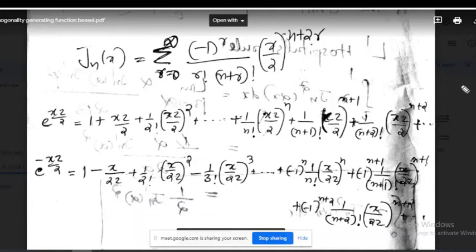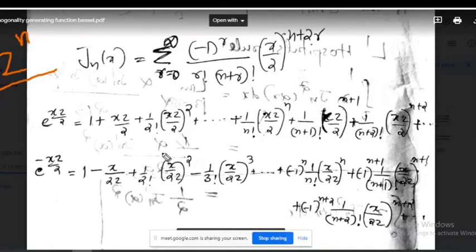So what we are going to do is we want the coefficient of z raised to n in this product. So when you multiply these two equations, what you want to get is the coefficient of z raised to n. See how we get z raised to n.